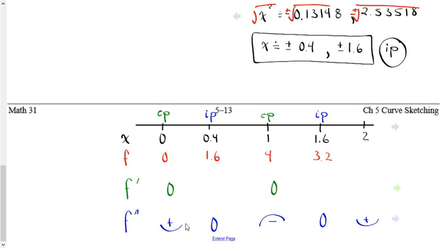And similarly, where x is 1.6, concavity is down at the left, up at the right. So I have an inflection point here at 1.6. So here we have four ordered pairs that I can plot on the right hand of my graph, and then use this concavity to help me sketch my curve.